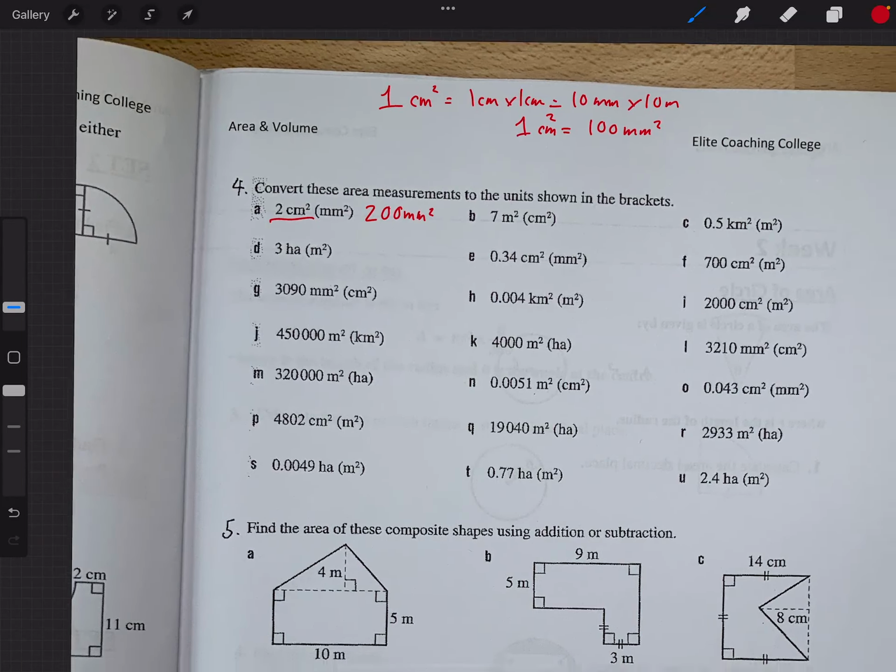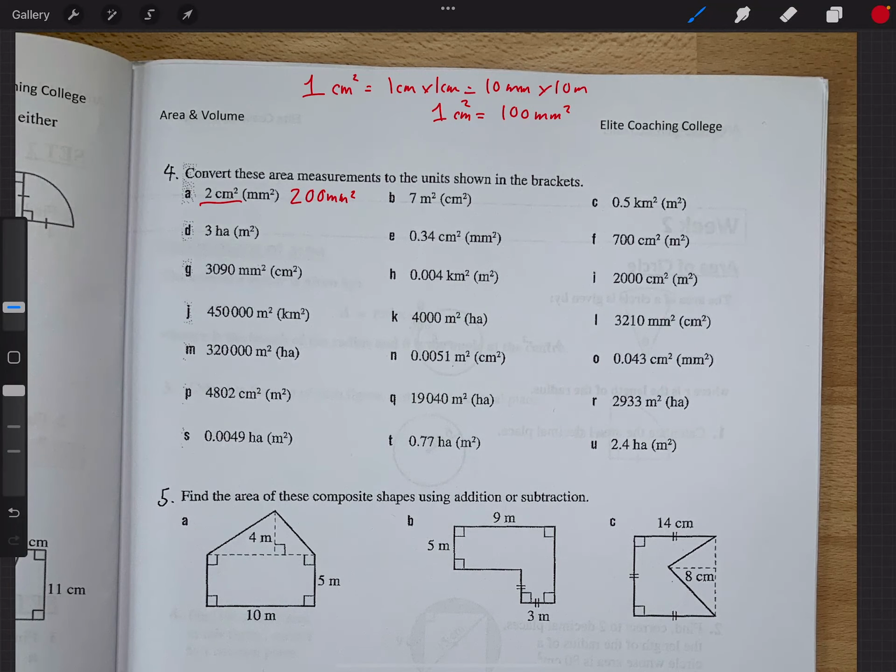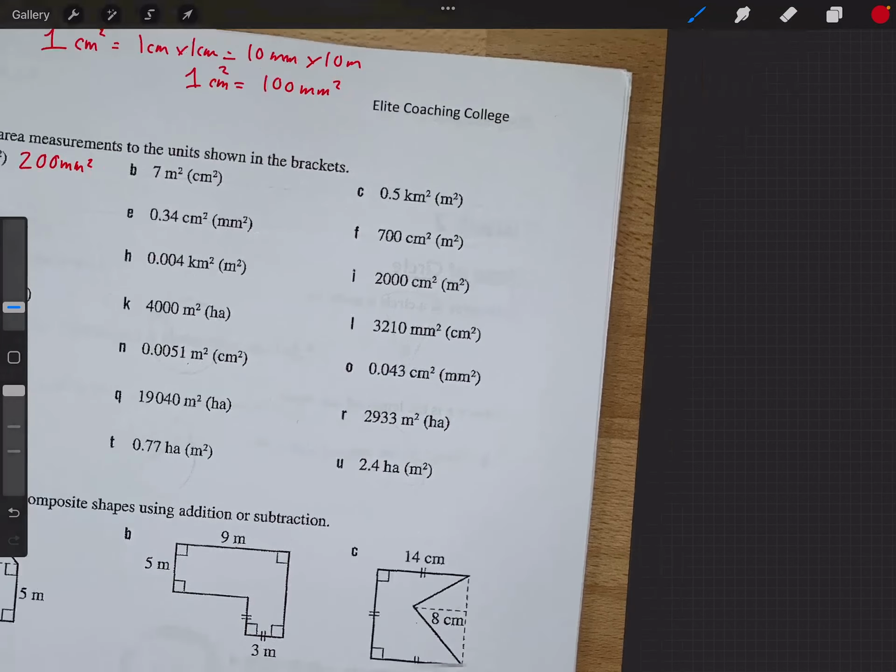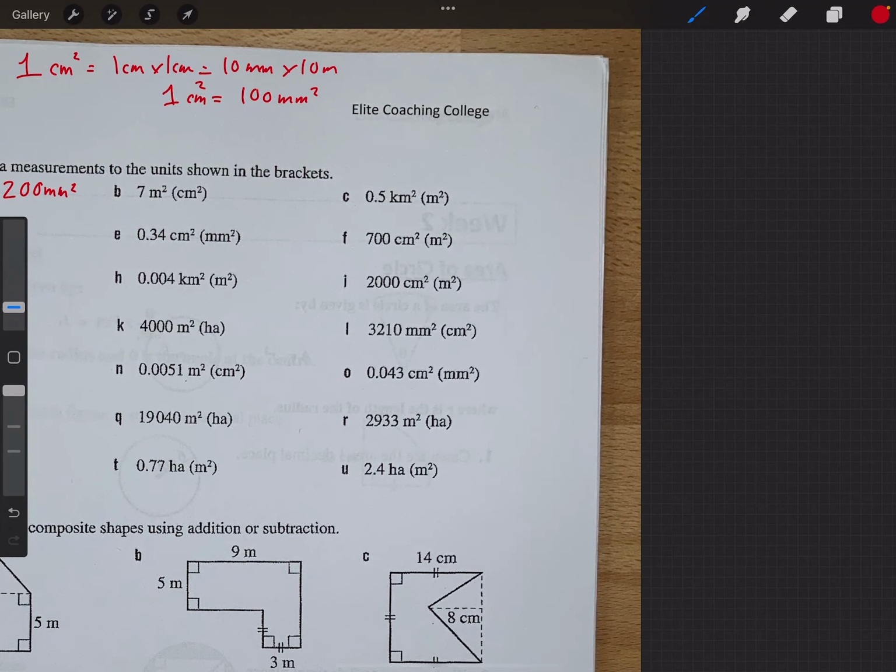And for the rest of them, you need conversion sheets as well. If you don't remember them, I'll write them here for you. 1 kilometer squared is going to equal 1 million meters squared. Now, 1 hectare is equal to 10,000 meters squared.